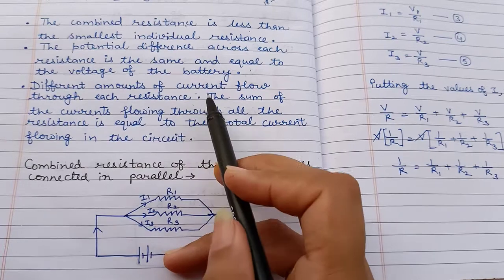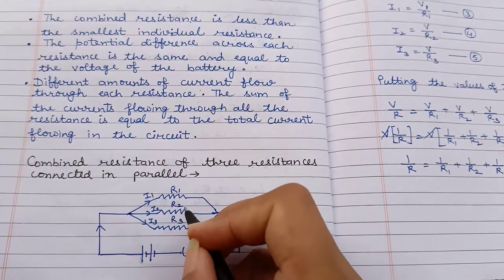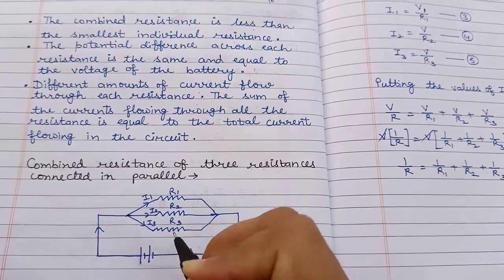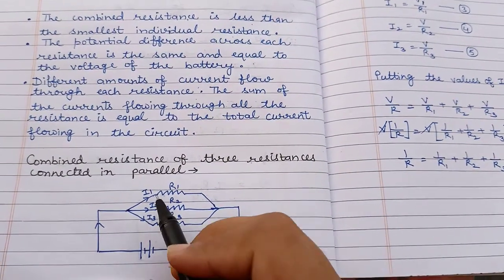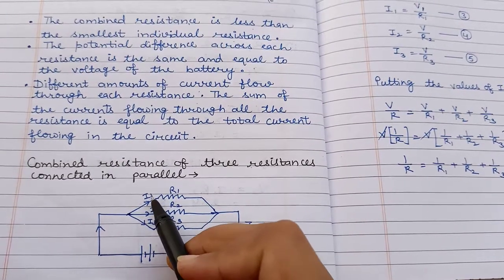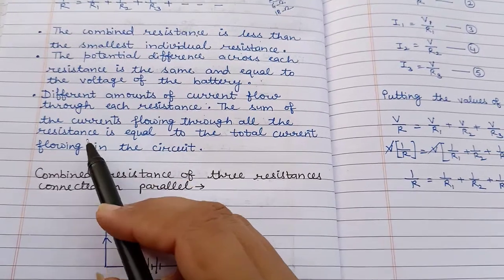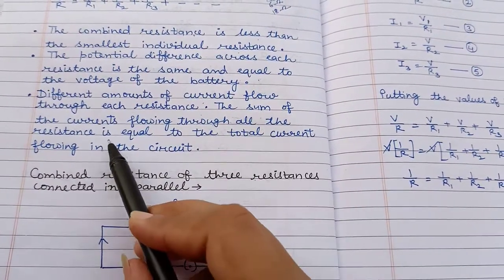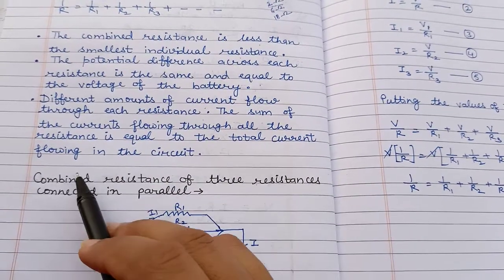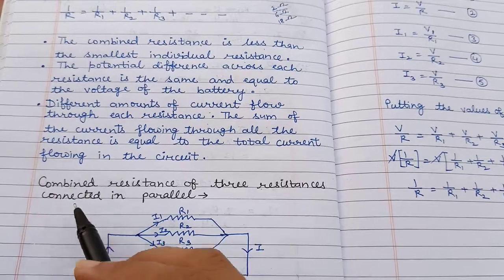So different amounts of current flow through each resistance according to their needs, but the total current I will be equal to I1 plus I2 plus I3. The sum of the currents flowing through all the resistances is equal to the total current.